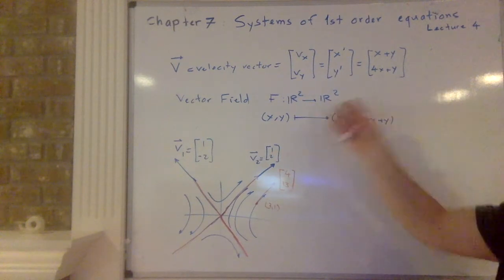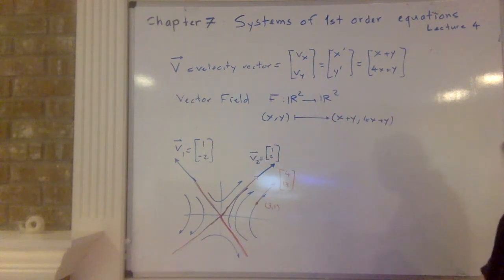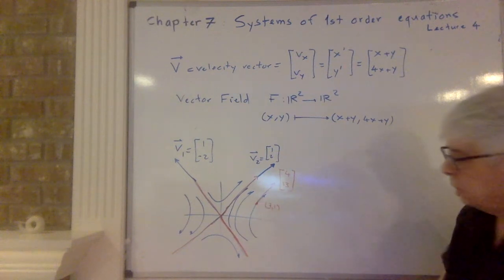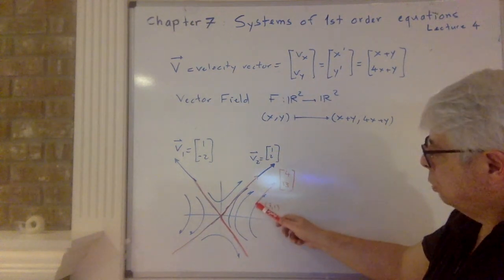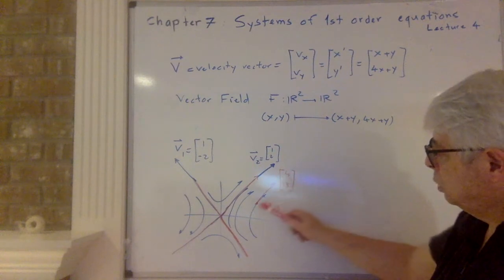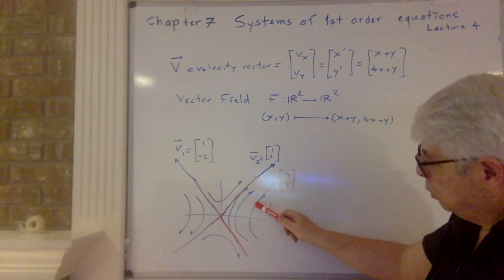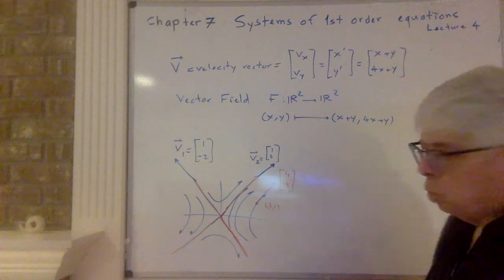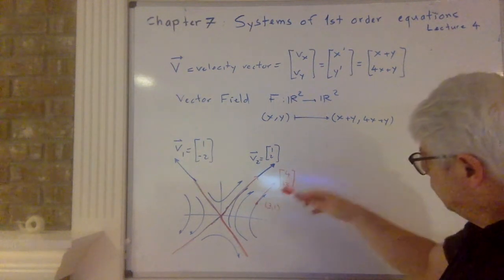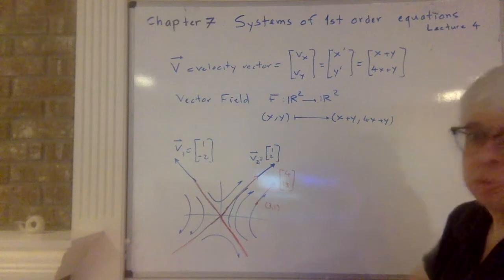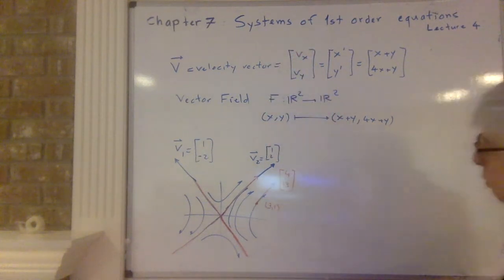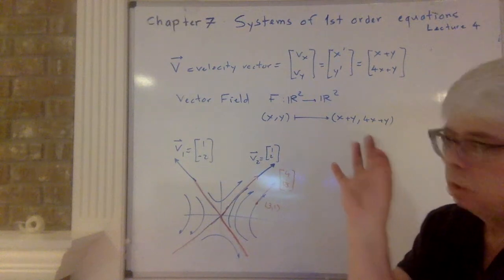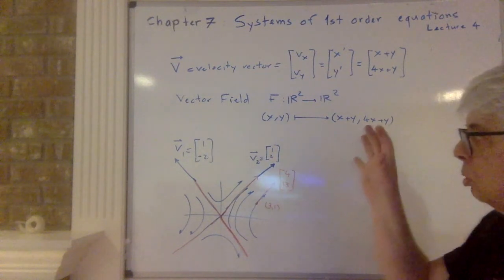So if I graph this thing, how do I graph vector fields? That's what Mathematica does. It just takes this point, finds this vector, and then draws a vector at this point with these two coordinates. So as I get further and further, the velocity vector gets larger and larger. If you graph it like this, the velocity vectors close to zero are very small, and then it gets large.